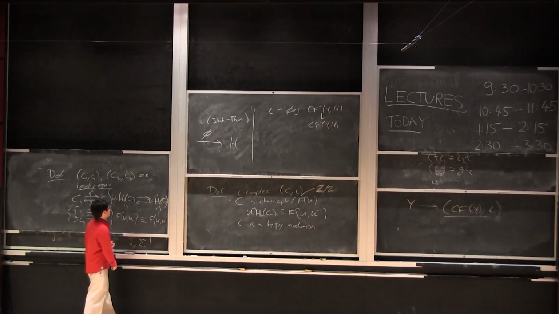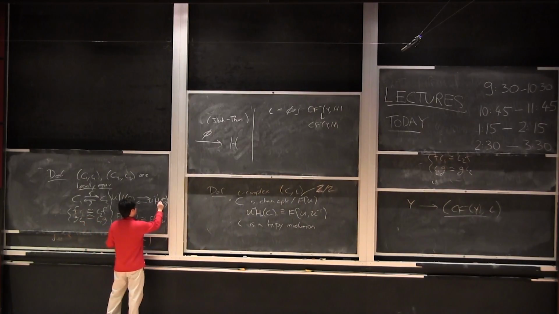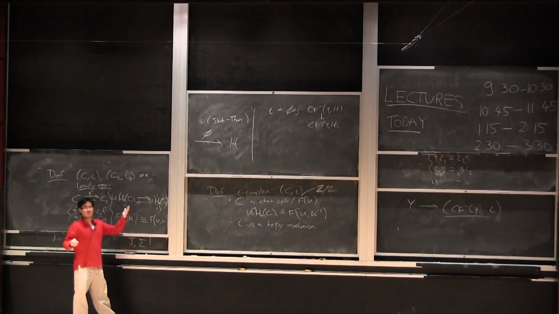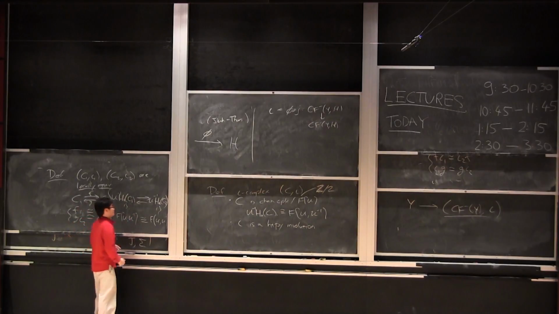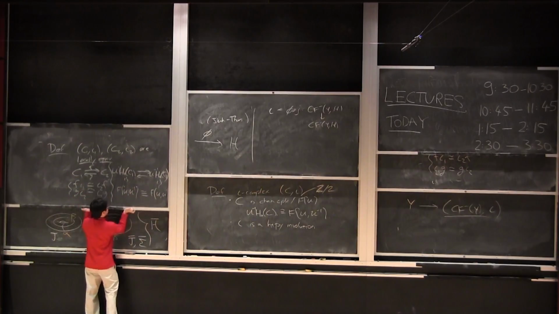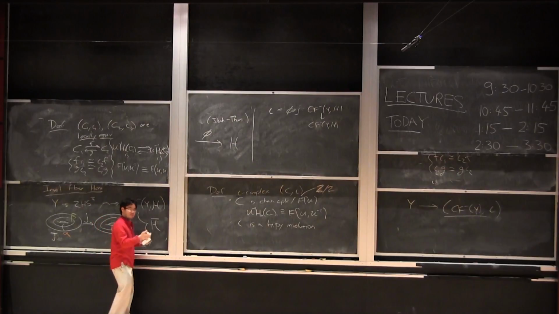This is the same thing as saying that these F and G maps on homology take U non-torsion elements to U non-torsion elements.